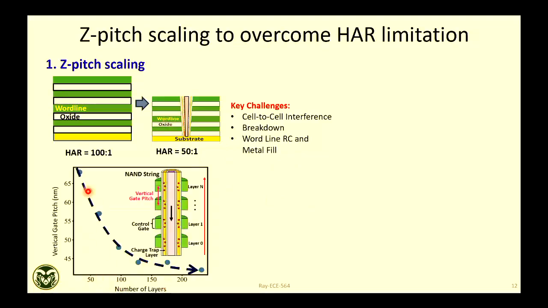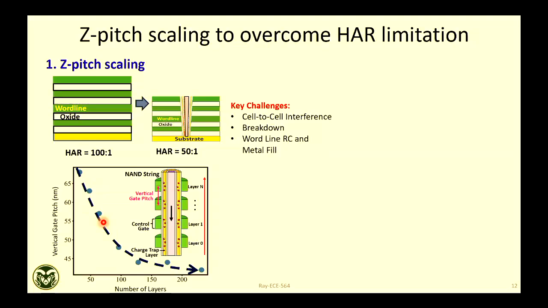So in this plot, what I'm showing is the word line pitch on the y-axis, and the x-axis is the number of layers, which means different technology nodes. So this is generation 1, having only say 32 layers, generation 2, 64 layers, generation 3, 96 layers. So every 2 years, industry launches a new technology, right?